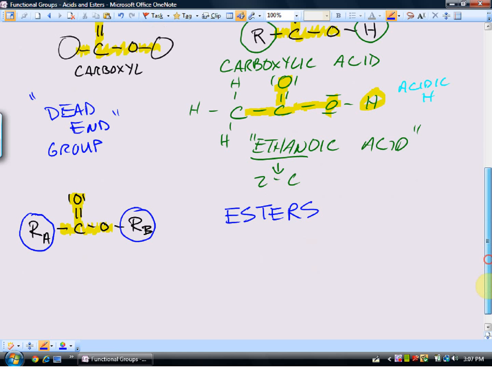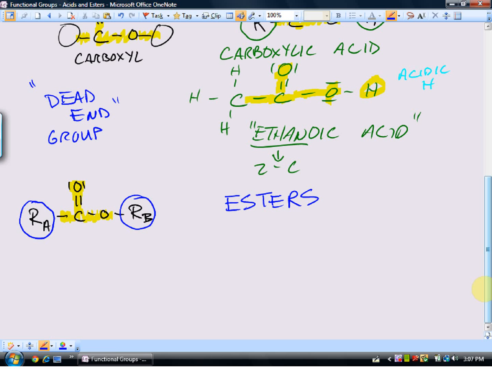Esters tend to be molecules that are tasty and fragrant. So if you smell a nice aroma, good chance it could be an ester. So a simple ester would be putting a 1 carbon group on this side connected to that carbon oxygen double bond, connected to another carbon group.